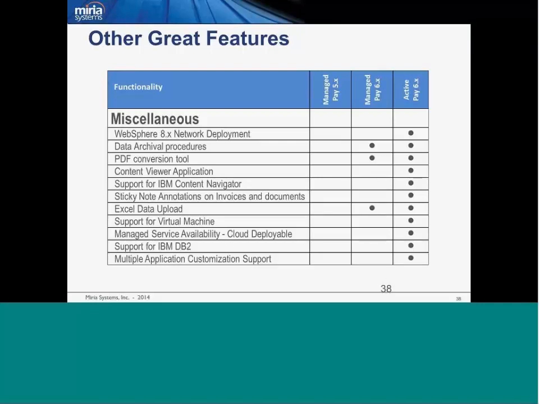If you're an IBM ECM house outside of the utilizing of the system and you're implementing Content Navigator, which is a new application interface by IBM, you know that it allows some pretty cool features as far as search capabilities. It allows annotations or sticky notes, if you will, to be added to every document. And we have that capability now available out of the box in ActivePay 6.0.